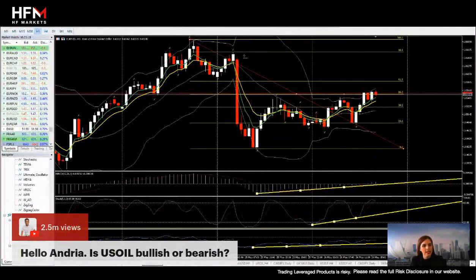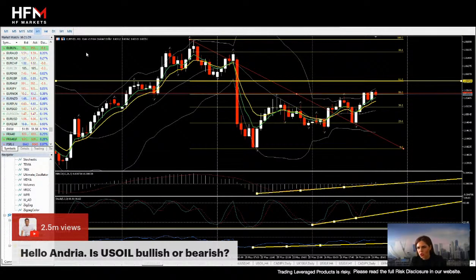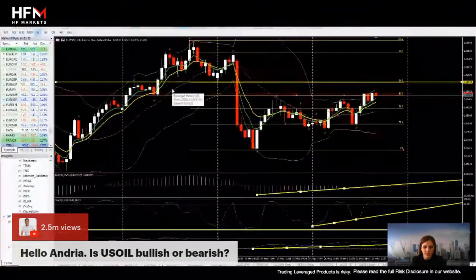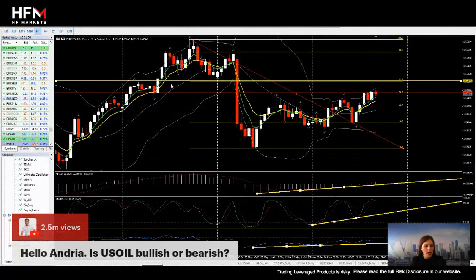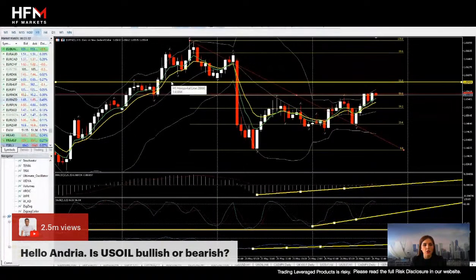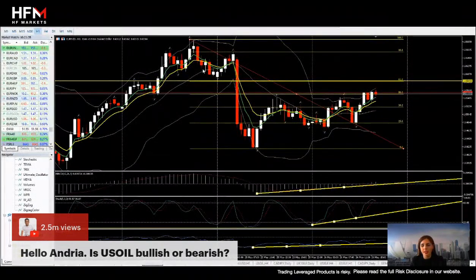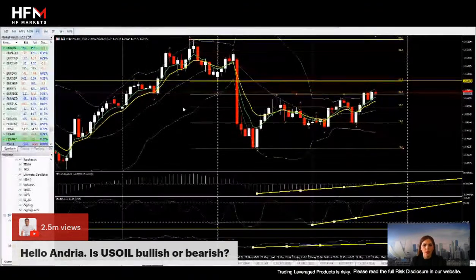The next key resistance area is at 165.90, not solely because it's a 61.8 Fibonacci level, but it's a resistance that we saw this week, actually on Tuesday as well. A break of it could turn the asset back to the upside.